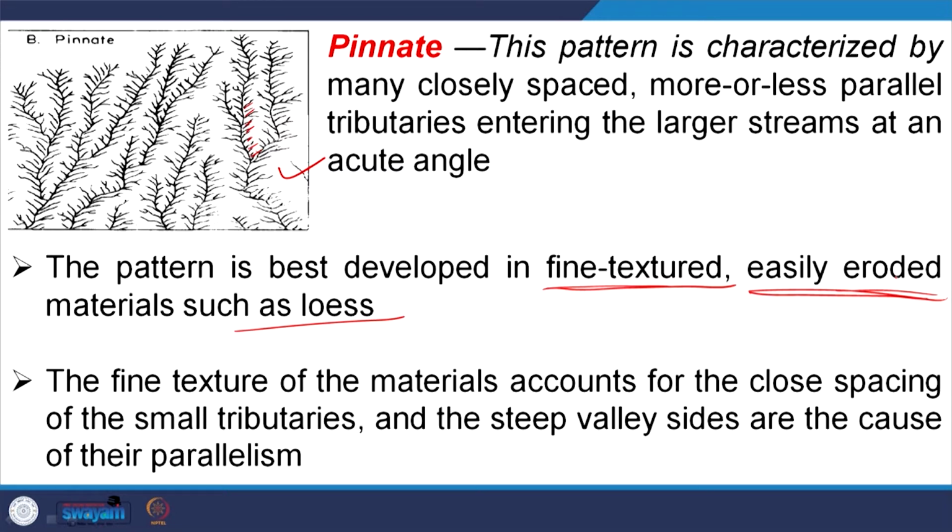So, again the geological interpretation: once we said it is fine textured, that means it is close spacing, this fine textured material will account for close spacing of drainage, and parallelism is due to steep slope. See, the steeper the slope, the more parallel the drainage is. If you remember, last class we were talking about the Piedmont zone, the Himalayan Piedmont or any Piedmont zone worldwide, they show steep slopes, and these steep slopes show parallel drainage pattern.